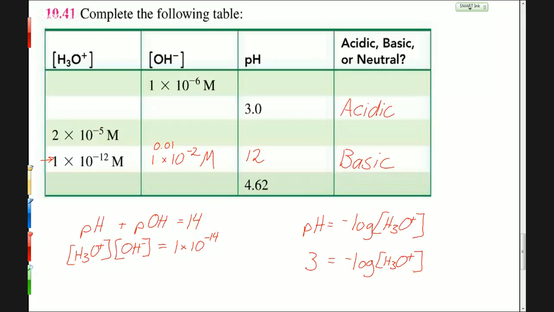Multiply by 10 to the minus 3. Right, so that means that we put that 3 up on top of the 10. So the hydronium ion concentration here will be 1 times 10 to the minus 3 molar. You see how that works? We took that pH number and we just put it up here in the exponent.